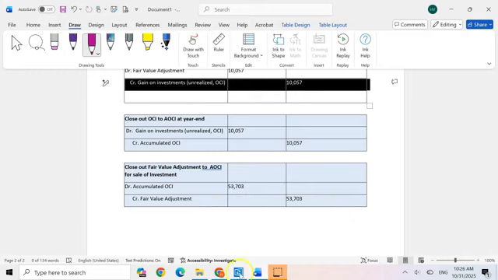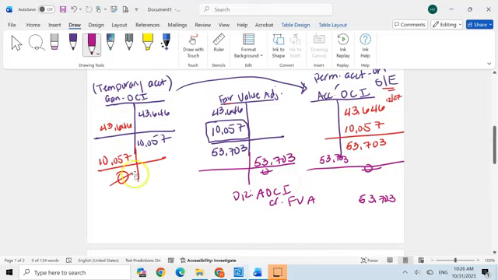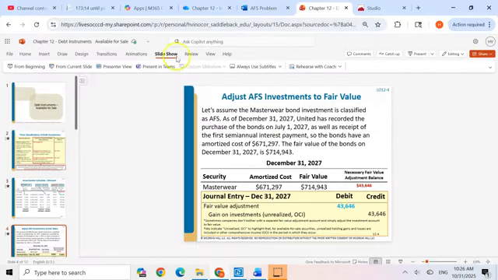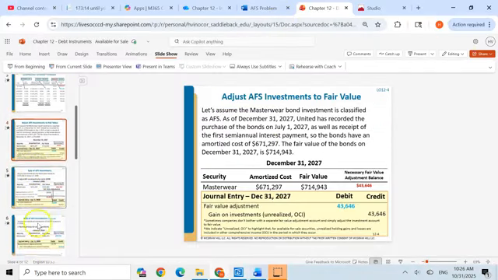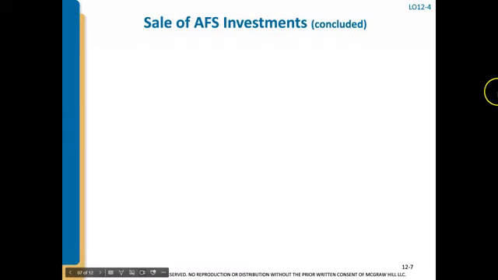And then we can go back. You can see our OCI is 0, our fair value adjustment is 0, and our accumulated OCI is 0. Now we're going to go back to our slides and record the actual gain on this sale.